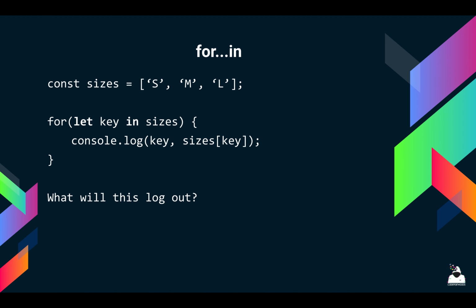What are the indexes going to be of these 3 elements? So 0, 1, 2. Exactly. So the key is going to be 0, then 1, then 2, and therefore we're just getting sizes square brackets 0, which is the value s, sizes square brackets 1, which is the value m, and so on. So in an object we get the keys, which are strings. In an array we get the keys, which are indexes.